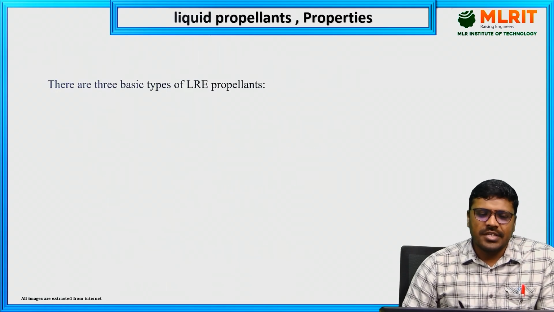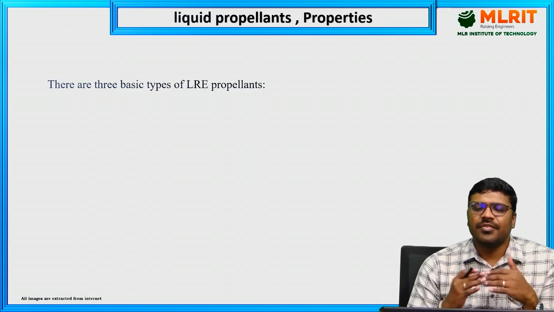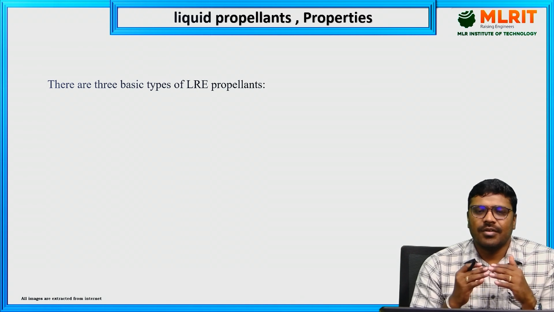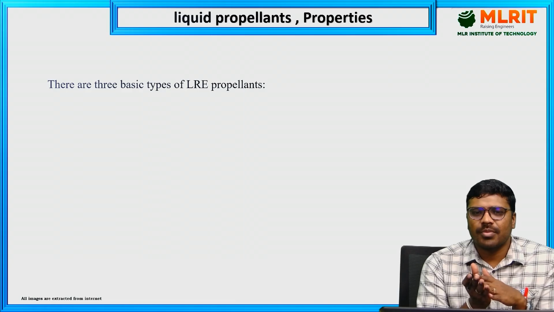Next, liquid propellants and their properties. Coming to the types of liquid propellants, we can classify them in two different ways. One is based upon the types of propellant, like fuel and oxidizer, bipropellants, monopropellant, hybrid propellants.